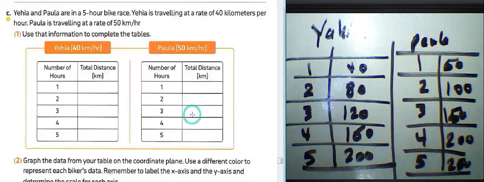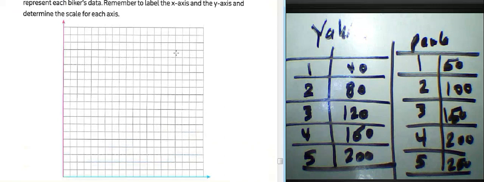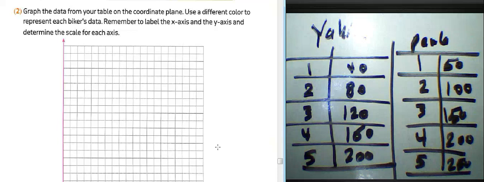Okay, look at question number 2. Graph the data table on a coordinate plane. Use a different color to represent each set of data. Remember to label the x-axis and y-axis. Okay, we can draw this data from the table here.